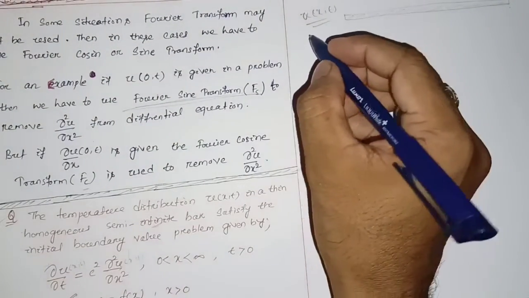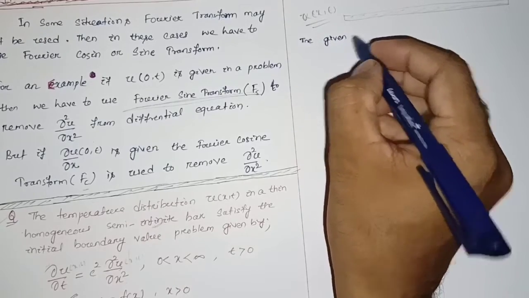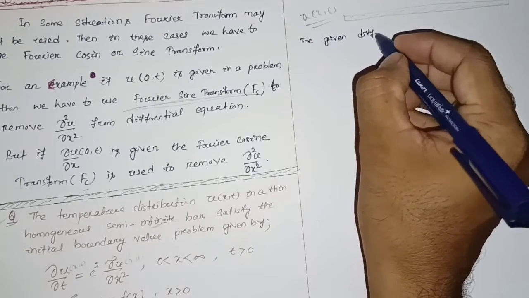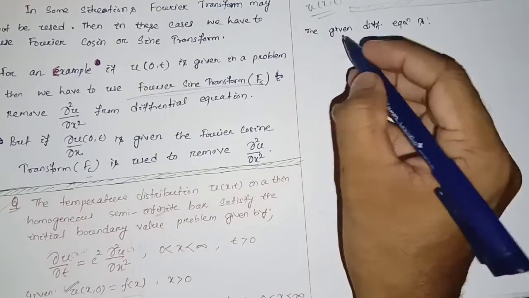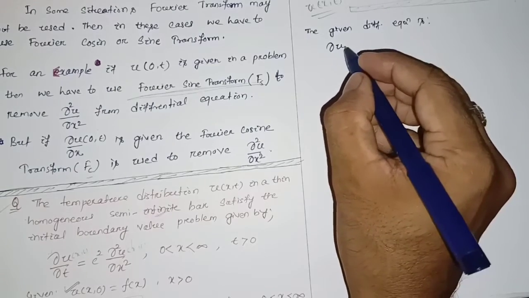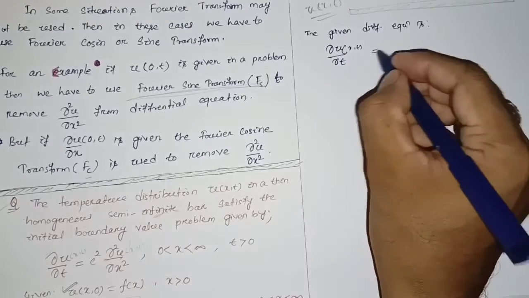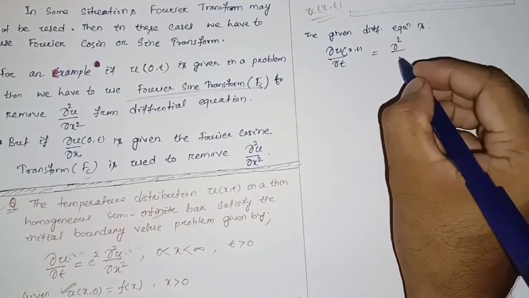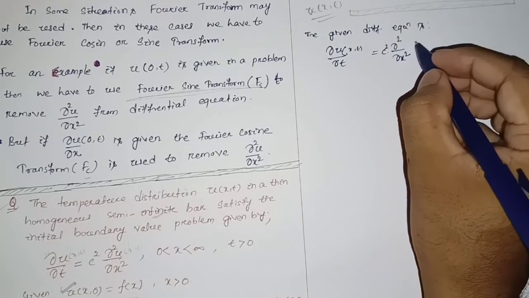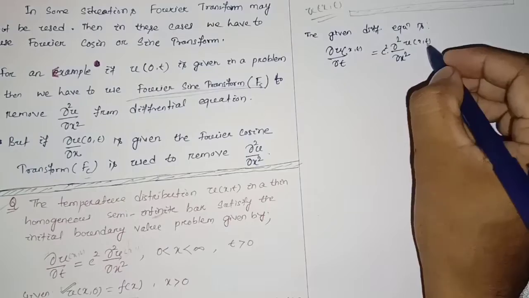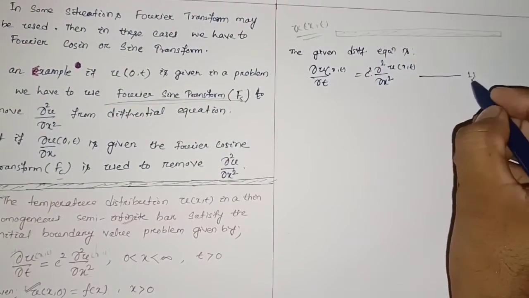So first we have to write the given differential equation: del u, which is a function of x,t, by del t, equal to c square into del square by del x square of u, which is a function of x,t. Here u is the small u. Let this be equation number 1.